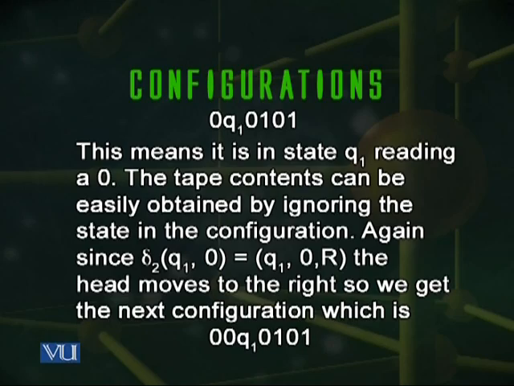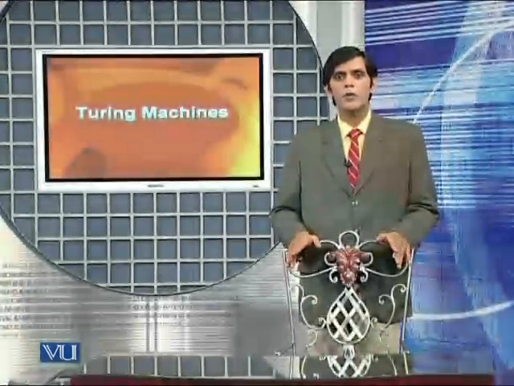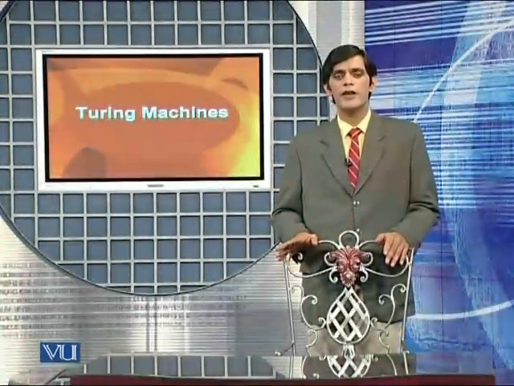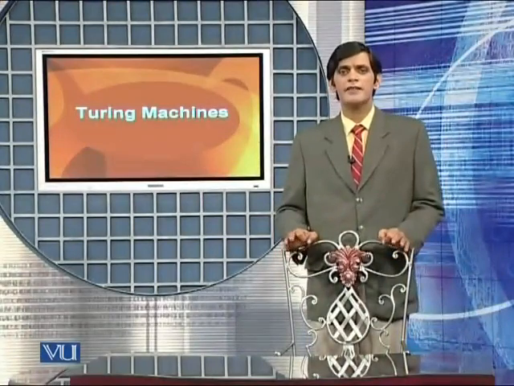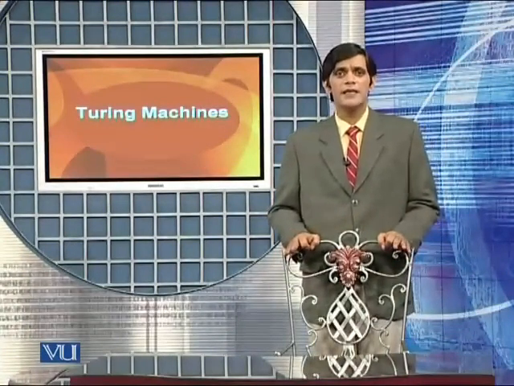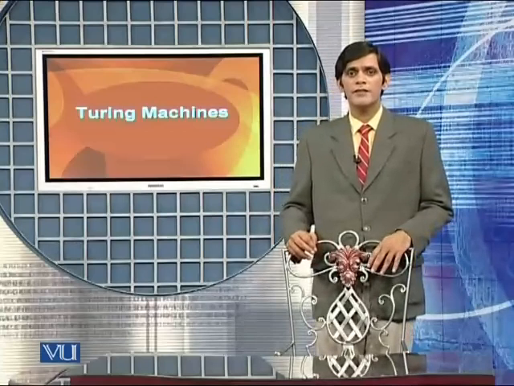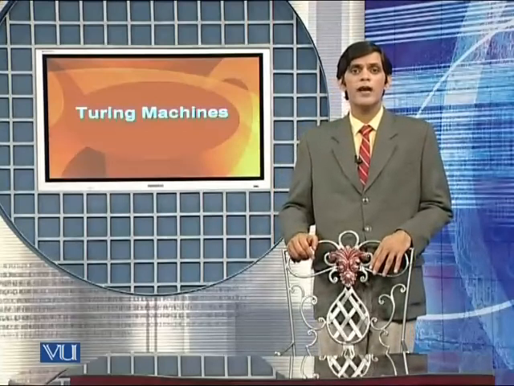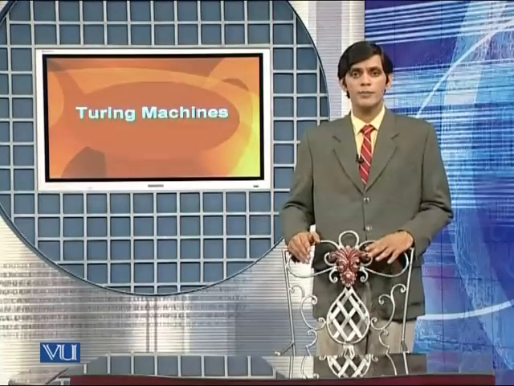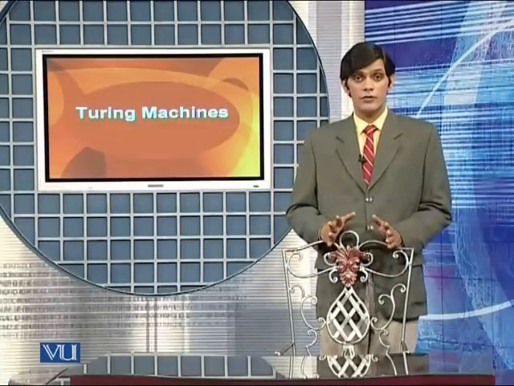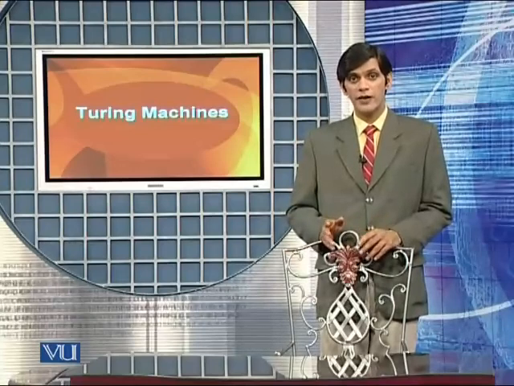That means the machine will keep moving to the right without changing any of the symbols. When the machine is in the state Q1, it will stay in the state Q1 and not change any symbols and keep moving to the right as long as it does not find a blank. This is because delta of Q1, 0 is equal to Q1, 0, R, which means if you see a 0, replace it with a 0, don't change it, and move to the right.